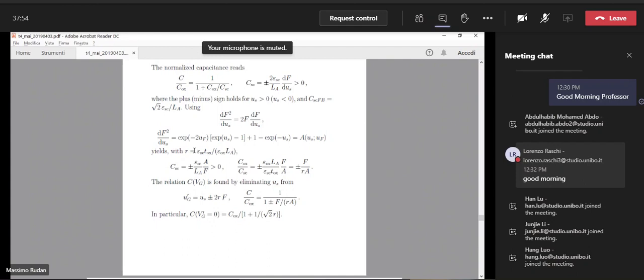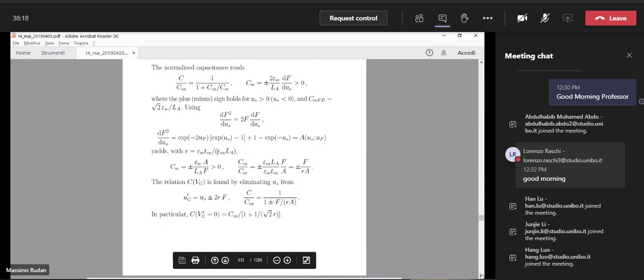R is the semiconductor permittivity times the thickness of the oxide divided by the insulator permittivity times the Debye length. So it is a pure number that is given by this ratio of two geometrical parameters and some physical parameters.